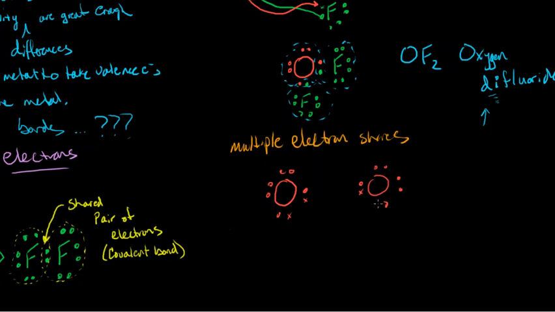Well, so does that one. Both oxygens need to share how many? 2. So they do. They share 2 pairs of electrons. These 2 are going to share with each other, and these 2 are going to share with each other, and we get O.